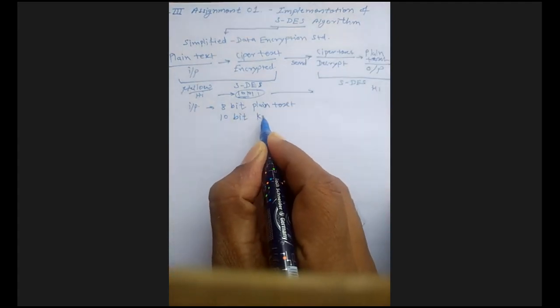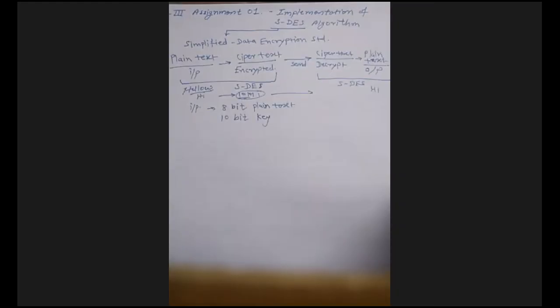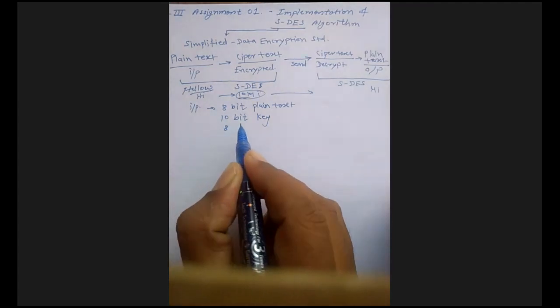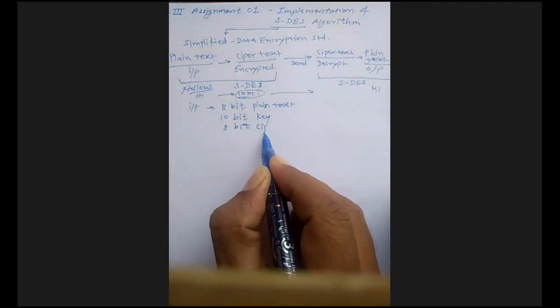Why am I using the 10-bit key? The 10-bit key is used to convert this message from plain text to ciphertext. Once converted, the output message comes out as 8-bit ciphertext.